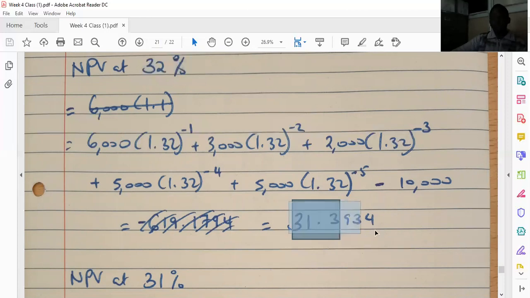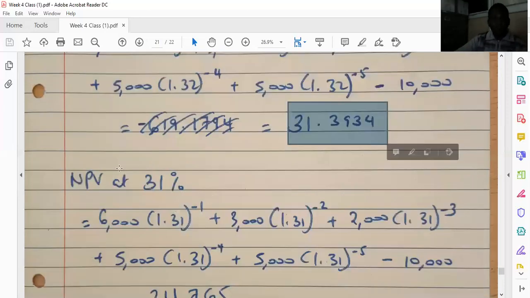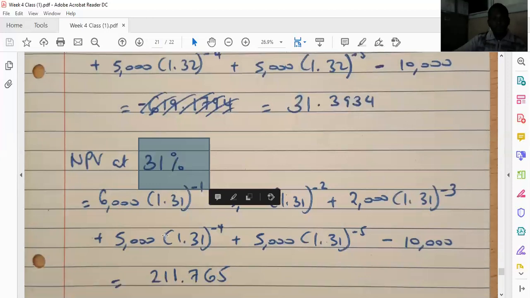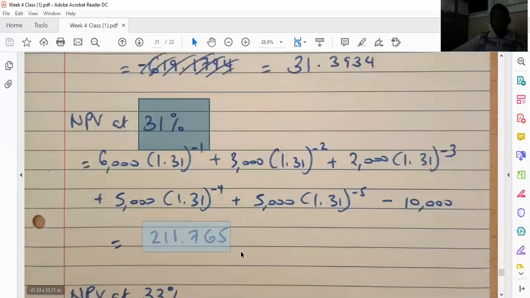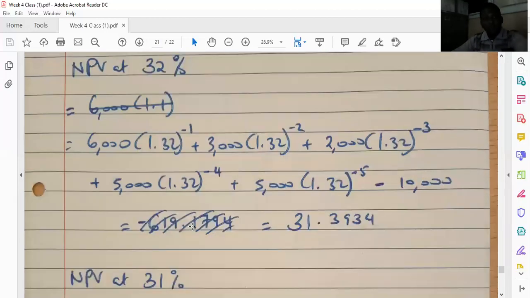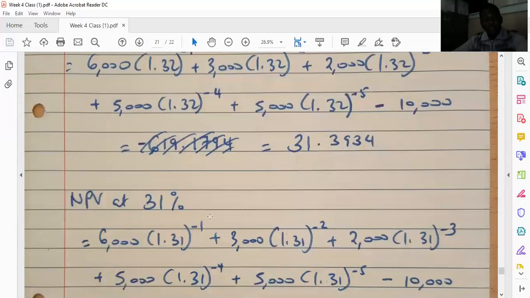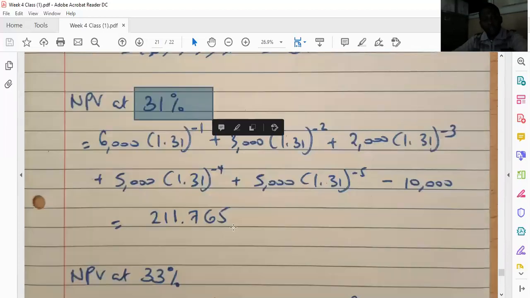Now, our intention is to get a negative NPV. To get a negative NPV, we try a higher discounting rate. First we tried 31%, which gives us an NPV of 211.765, which is a higher NPV. Since we tried a lower discounting rate, it has just given us a higher NPV.